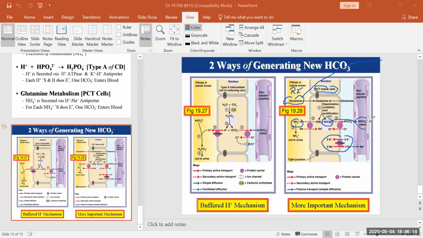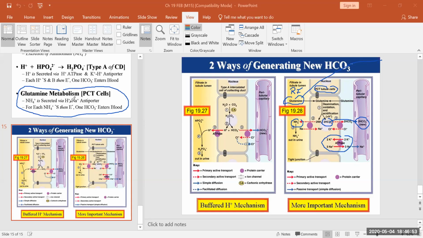This is new. So for every single glutamine reabsorbed, it can generate 2 bicarbonate. This mechanism kicks in when we have severe acidosis, when the pH in our blood plasma drops significantly. If the kidneys fail to provide the glutamine metabolism, then the patient will die due to metabolic acidosis.